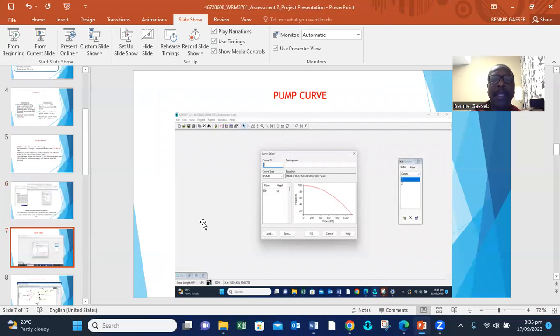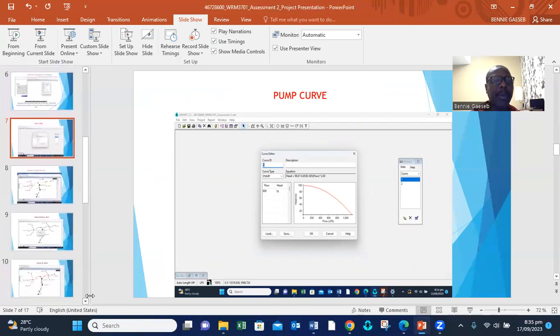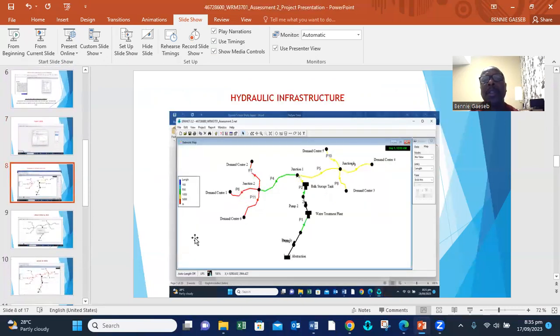Pump curves, as I mentioned earlier, set at 600 liters per second with a 80 meter head. Hydraulic infrastructure consists of, there is an obstruction at the existing river, 2 pumps. 1 pump will draw water from the obstruction, which is the river, and pump it to the water treatment plant.